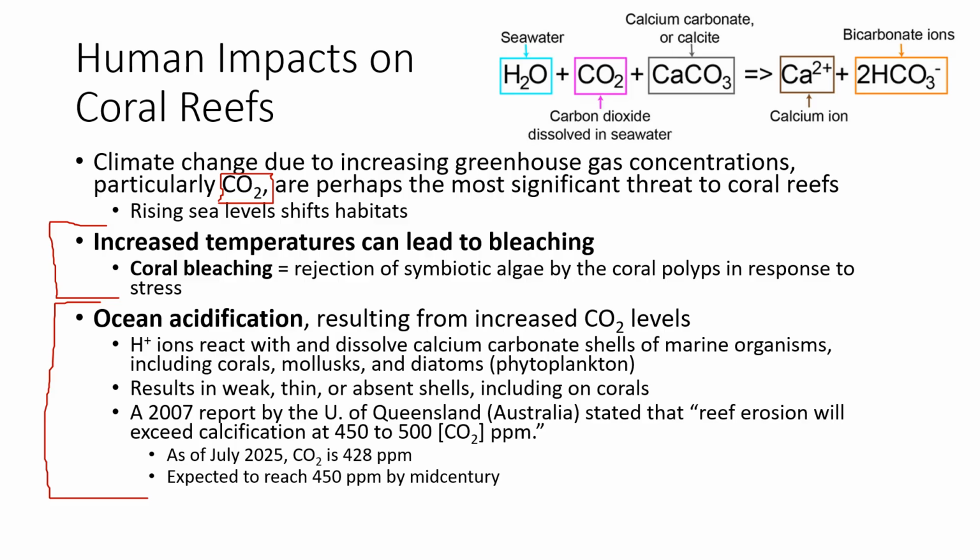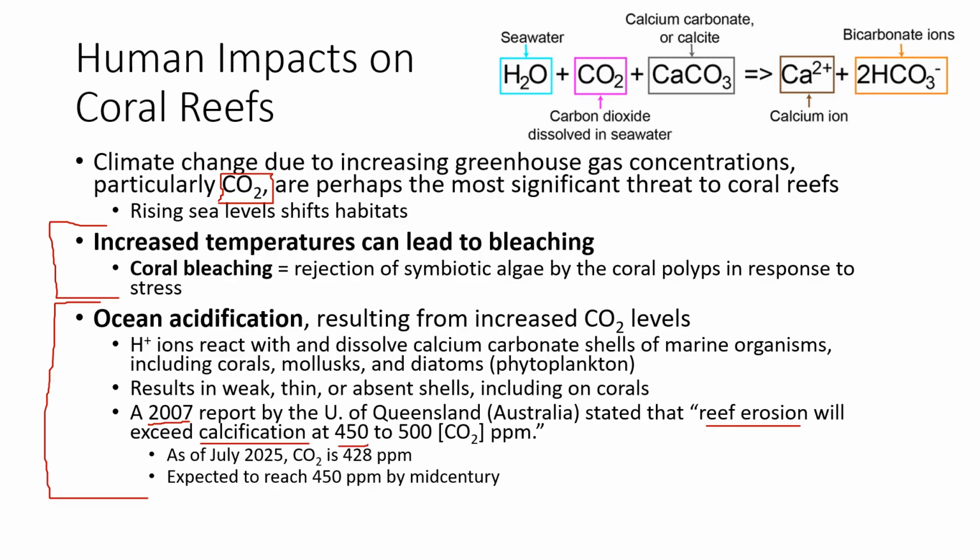A 2007 report, so that's almost 20 years ago, but a 2007 report for the University of Queensland, Australia, stated that reef erosion will exceed calcification, meaning that the rate at which the corals dissolve away will be faster than the rate at which they form their calcium carbonate exoskeletons, at 450 parts per million.